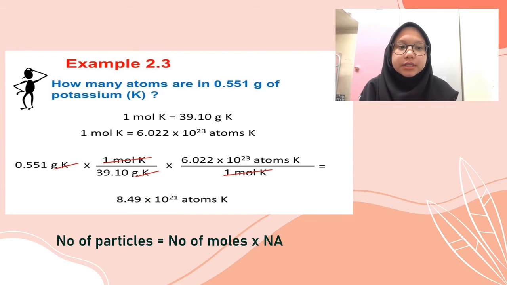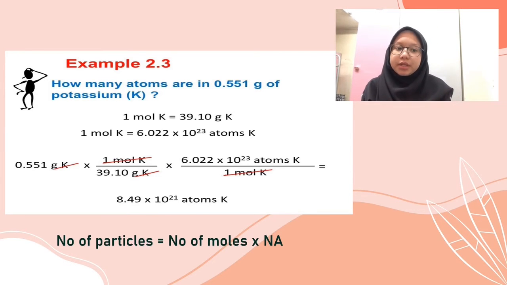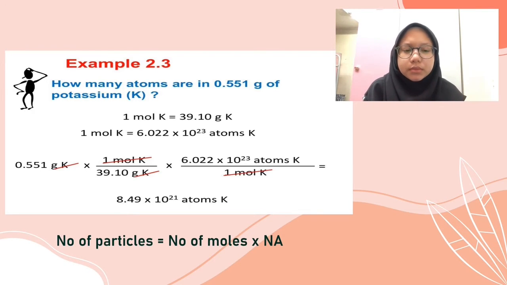This is the example of 2.3. The question is, how many atoms are in 0.551 gram of potassium? That is the formula: number of particles equals number of moles multiplied by Avogadro's number, which is 6.022 times 10 to the power of 23.